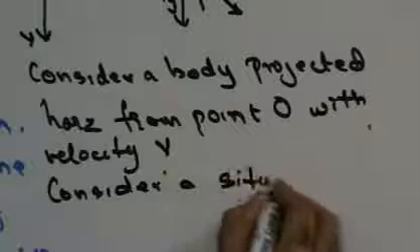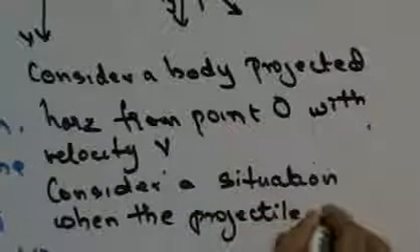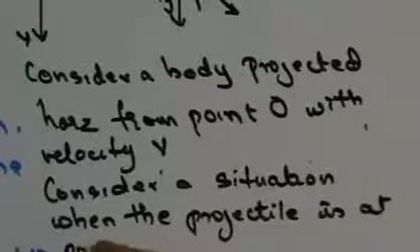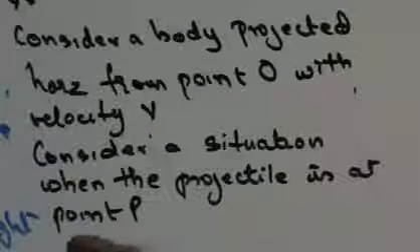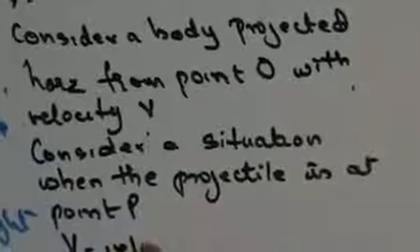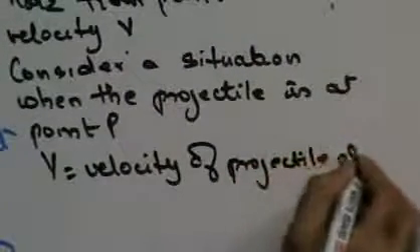In that case, consider a situation when the projectile is at point P. Now, let's assume that v is the velocity of the projectile at point P.